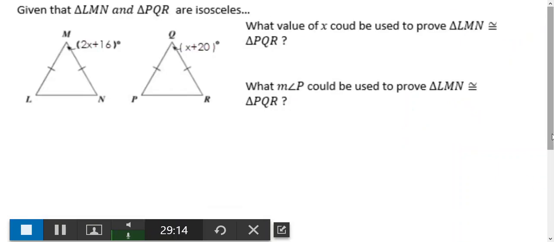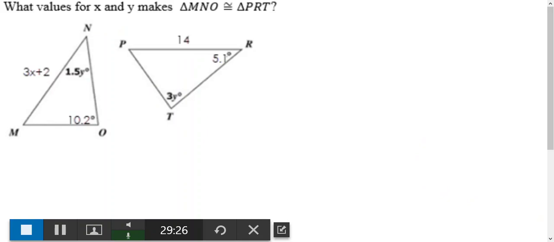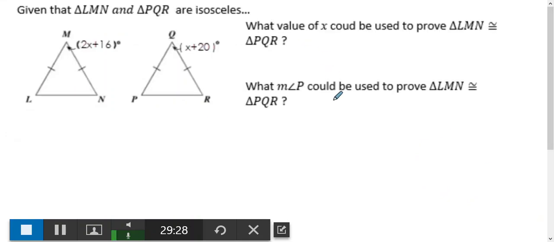Okay, so let's look at ones that get a little bit more complicated. When we get them back, we'll look at them. What value of x could be used to prove that the two are congruent, and we are told that they are isosceles?